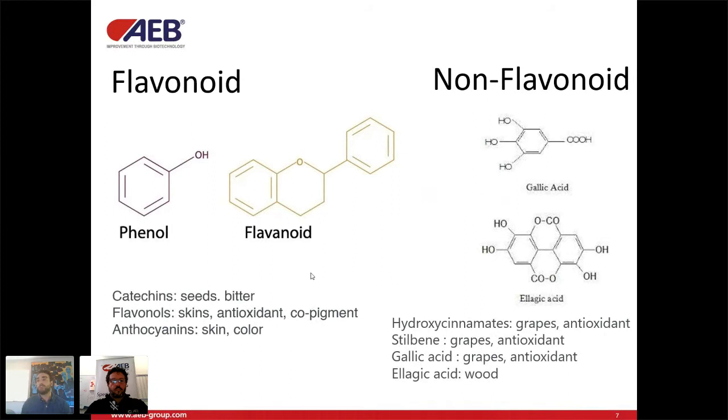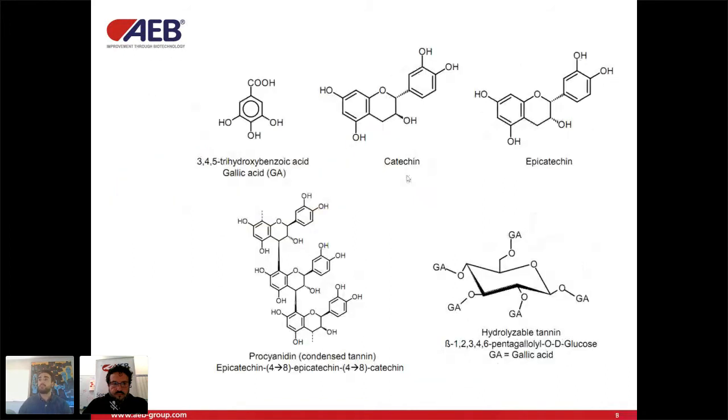And the non-flavonoids, which can be present in the grapes, but not only. They can come from the wood too. These simple compounds can be present in a monomeric form or in a polymeric form, and this polymeric form is responsible for the structure, the astringency and the bitterness that you can find in wines.